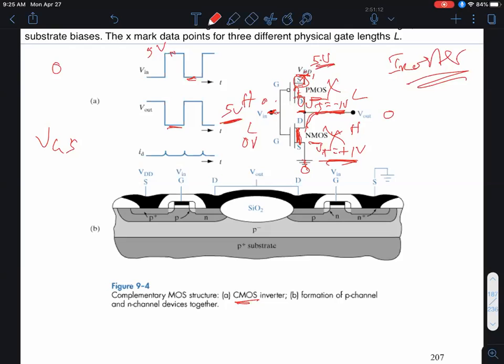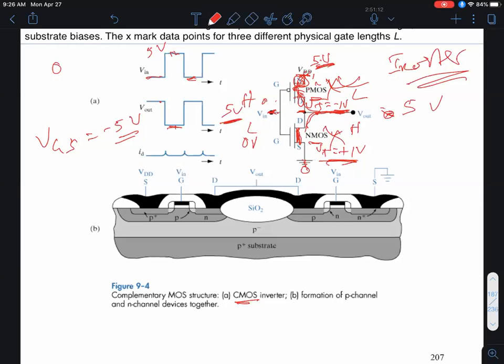So the gate to source voltage is 0 minus 5 volts, or minus 5 volts, which is more negative than the minus 1 volt VT. Therefore, I attract holes, and this is on now. If this is on, the VDD appears at the output, so my output will be 5 volts. So the punchline is: when the input is low, the output goes high, and when the input goes high, the output goes low. That's why it's called an inverter.